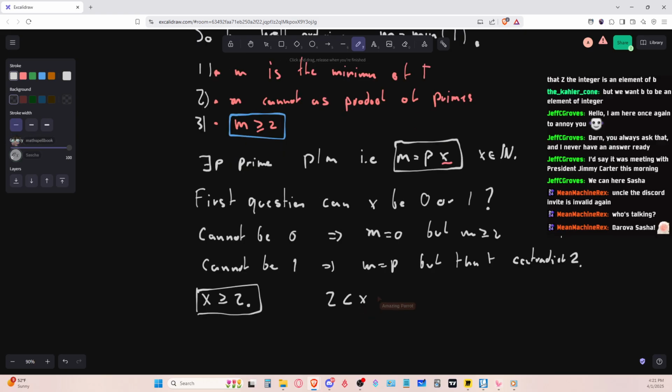Exactly. Usually we should have x less than or equal to m, but we actually know that equality cannot hold, because otherwise p would have to be 1, but 1 is not a prime number. So this inequality is strict.